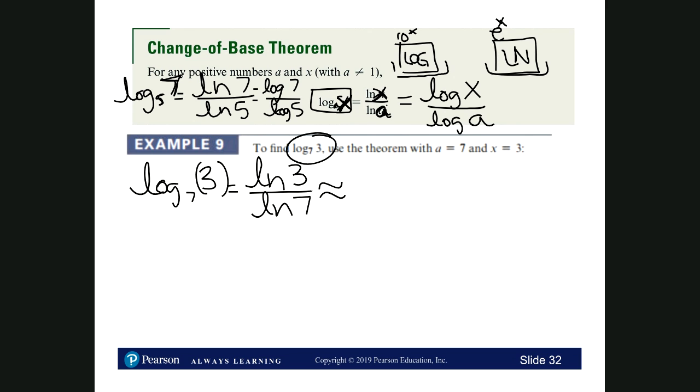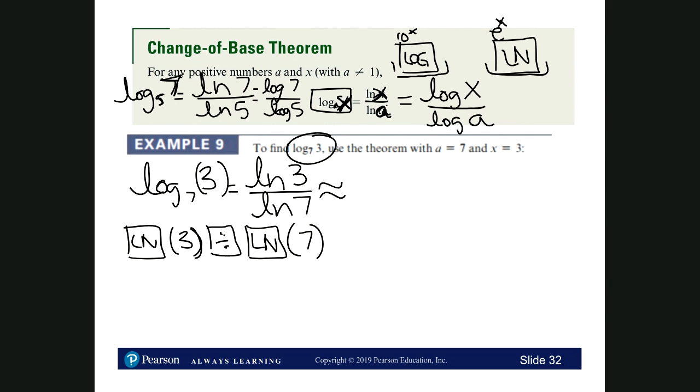Now the way you will enter this on the calculator, you have to press the LN key, then of course number 3. If your calculator opens a parentheses, you must close it. Then you will use the division key. And then after that, you have to press natural log key again, and then the number.